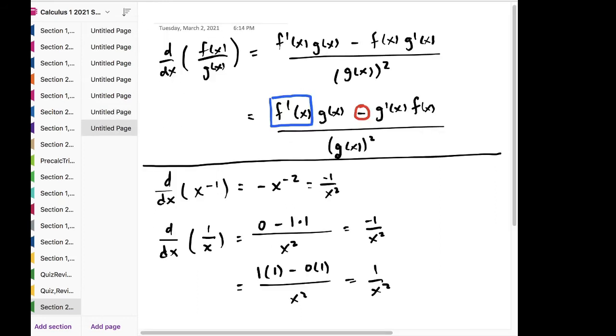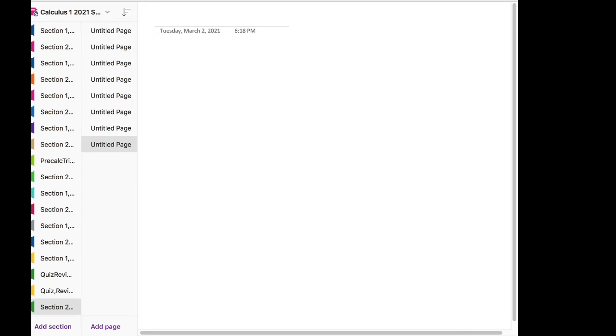So I like to do that whenever I forget a rule or think I know what it is, I like to do it on simple ones to make sure I'm remembering correctly. So actually, using this, let's do the derivative of tangent.